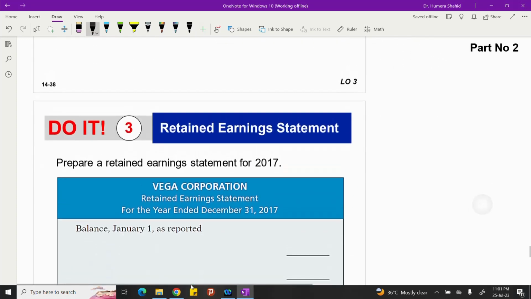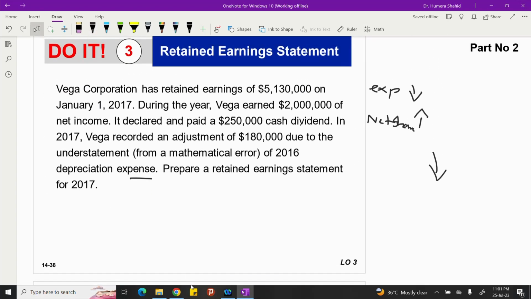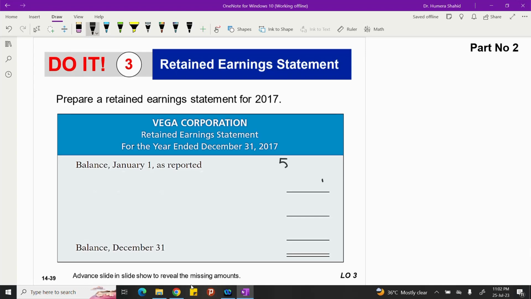So here is the structure. Firstly, the balance on January 1st as reported. What was the opening balance? That is 5,130,000. I'm going to report it over here, 5,130,000. Then I'm going to write here adjustment for overstatement of net income, or you can also write understatement of expense.